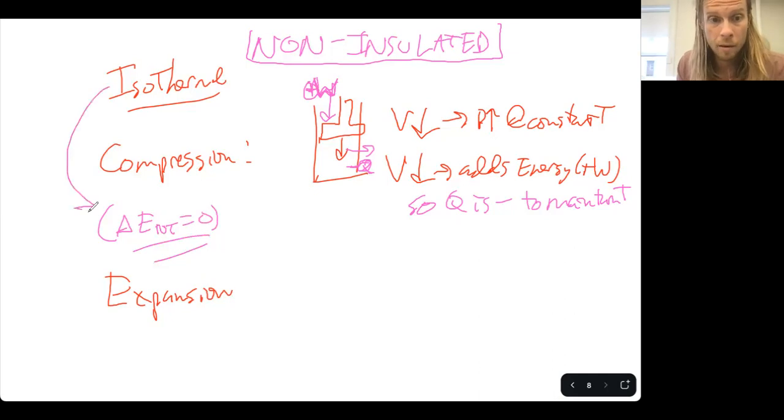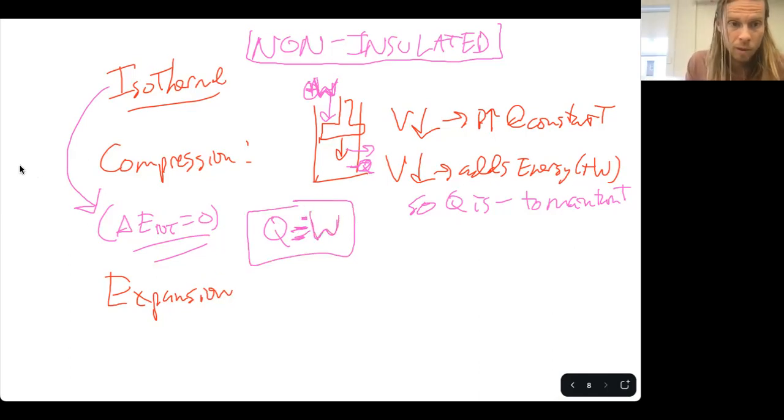We've covered that, which means Q equals negative W. The absolute values equal each other, but Q is negative when W is positive. And of course, with expansion, we'd have the opposite.